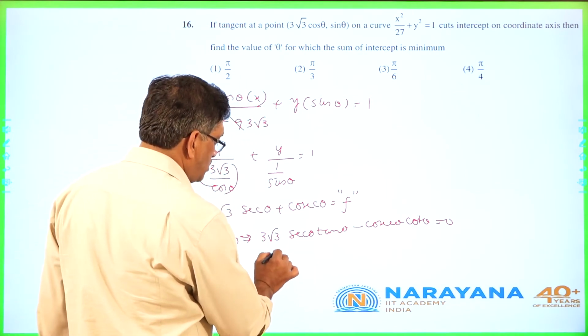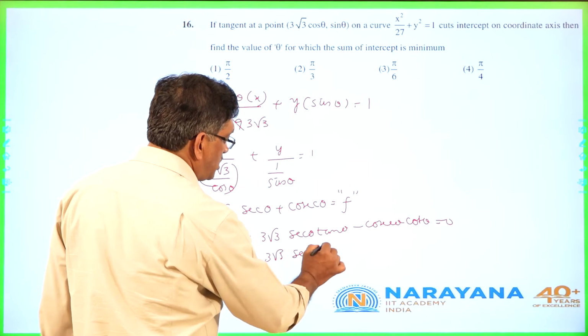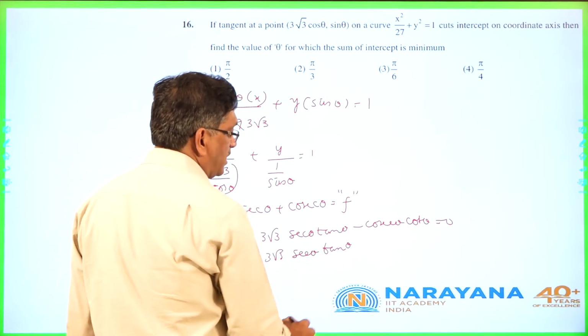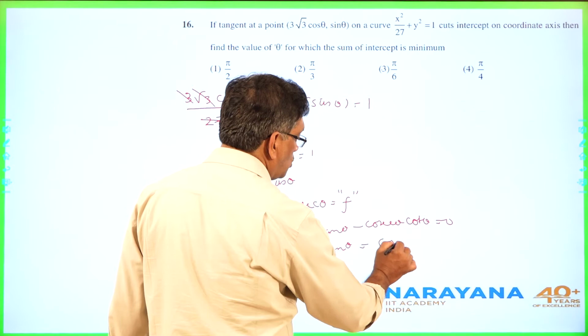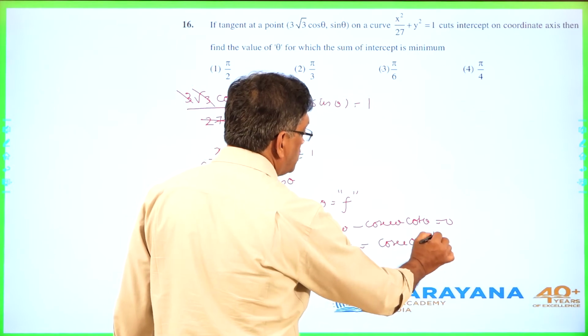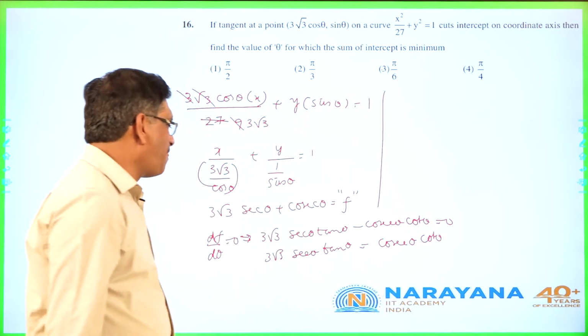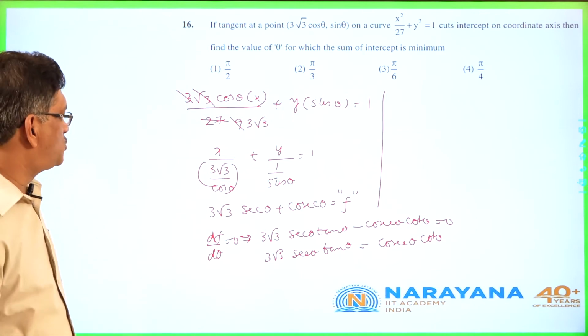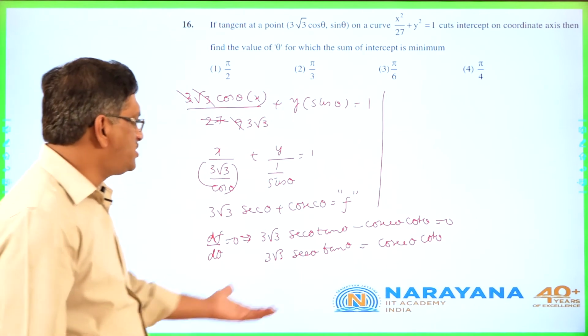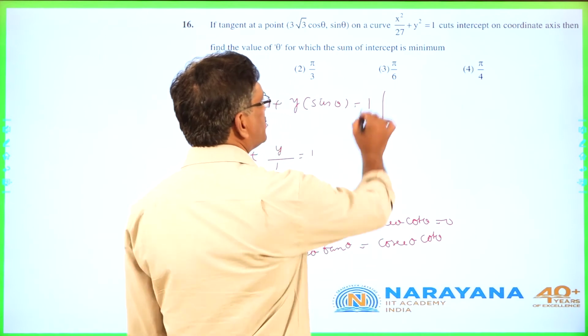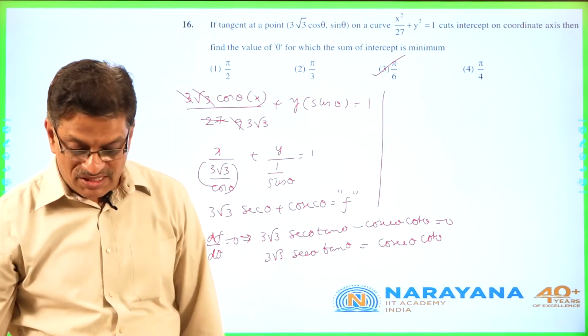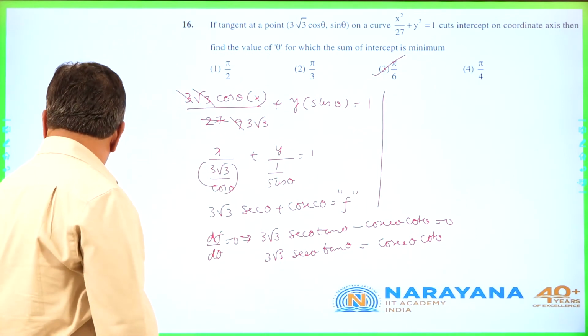That is 3 root 3 secant theta into tan theta is equal to cosecant theta into cot theta. Just by substituting also we can check it. So, easily we will get, second order derivative test also is there. You will get pi by 6. Okay. Let us go to the next one.